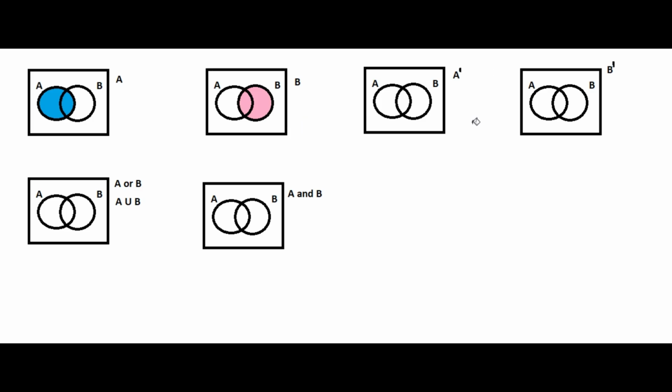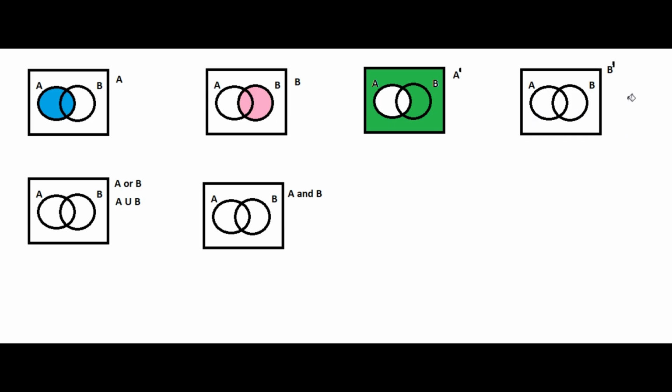It says not A. So everything else except A. So we are going to shade everything else except A. So we're gonna do like this. Except what? Except A. So it's everything except A. And then we go to the next diagram.